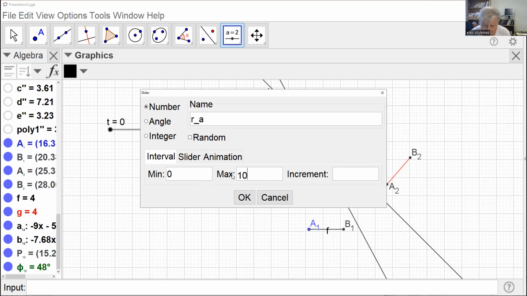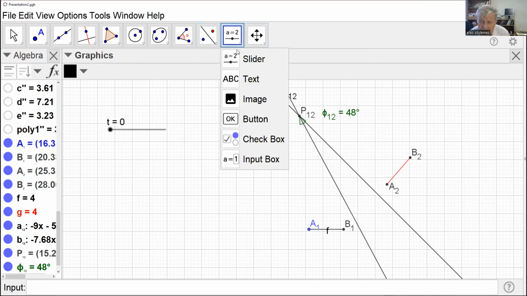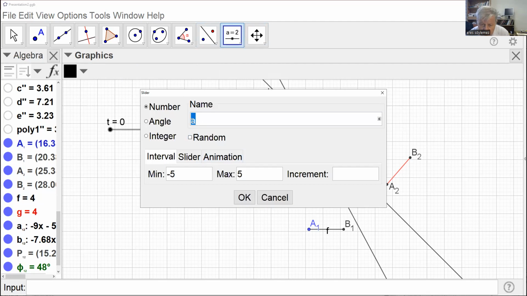I could have made it 10, or no, 13, let me say. These lengths you can change. This is RA. And I will select another parameter. These are parameters. An angle parameter, alpha dash A, you can call it something else if you like, from 0 to 360.